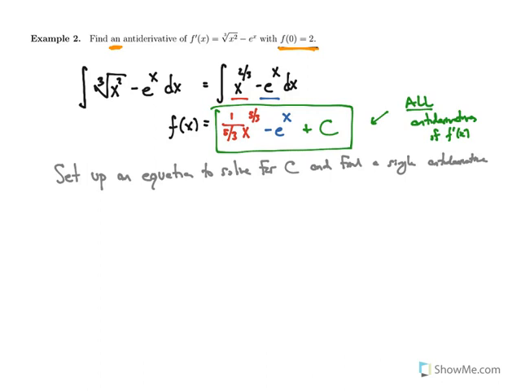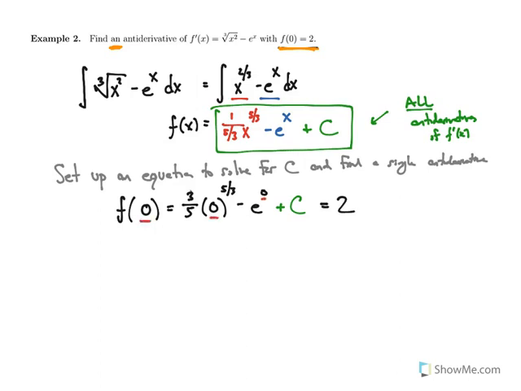This represents all antiderivatives, but if I do a particular value of c, it represents one of them. So here I have f of 0 is 1 over 5/3, the same as 3/5, 0 to the 5/3 minus e to the 0 plus c. All of that is going to be equal to 2.